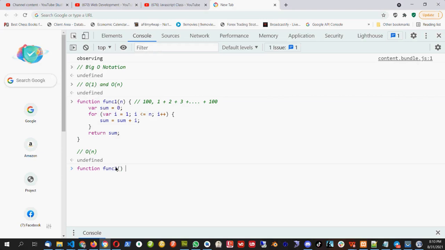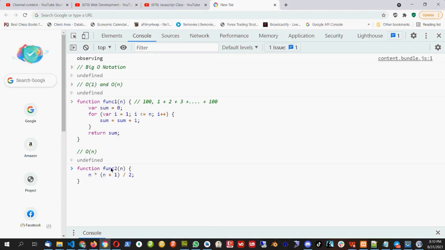Now let's create another function. I will name it func2. Now I will do this in a different way, but the result will be the same, finding the sum. So we did a few days back that we can calculate the sum of numbers using the formula, and the formula is n into n plus 1, divided by 2.